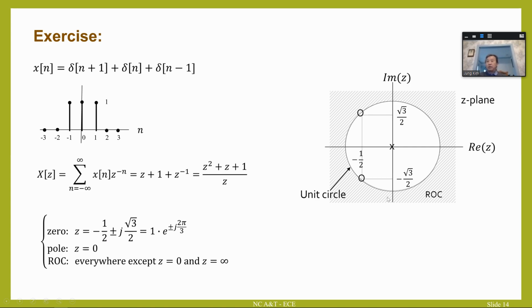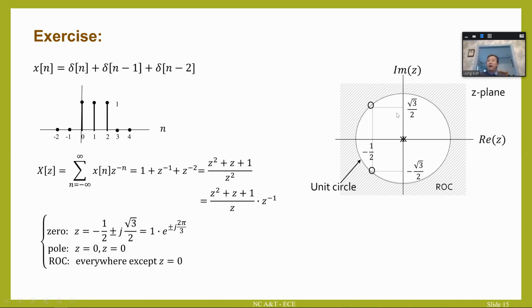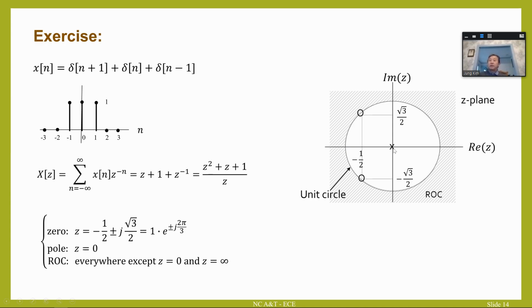Oh, this is wrong. I think even inside of this one, it is everywhere. Everywhere except z equals 0 and infinity. That's the ROC.